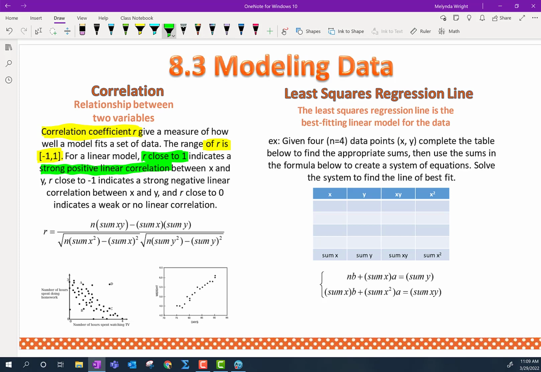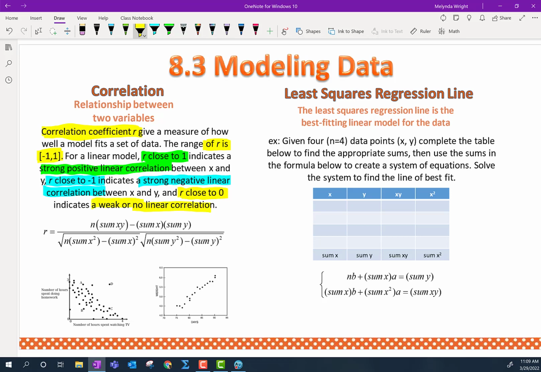If, on the other hand, R is close to -1, that indicates a strong negative linear correlation between the variables x and y. If our R value is close to 0 on either the positive or negative side, that indicates a weak or no linear correlation.